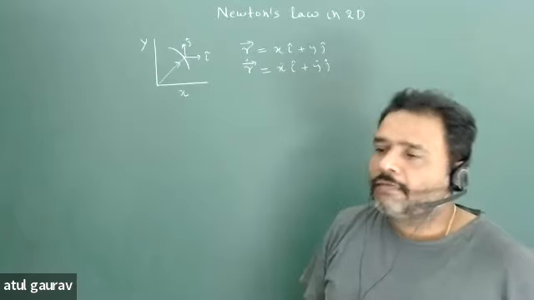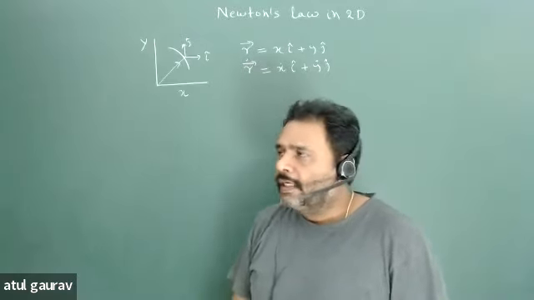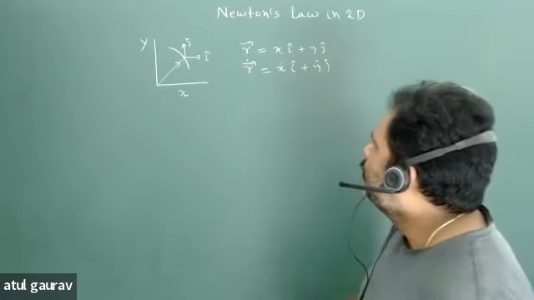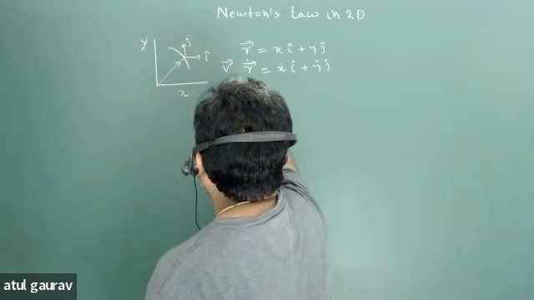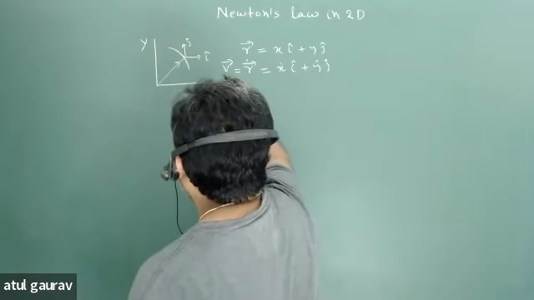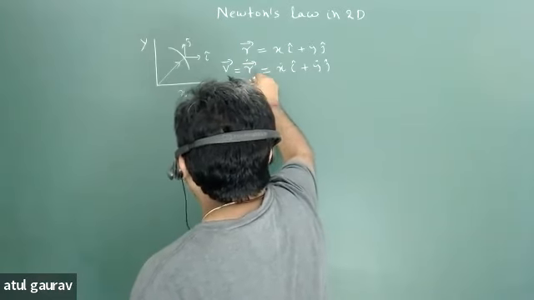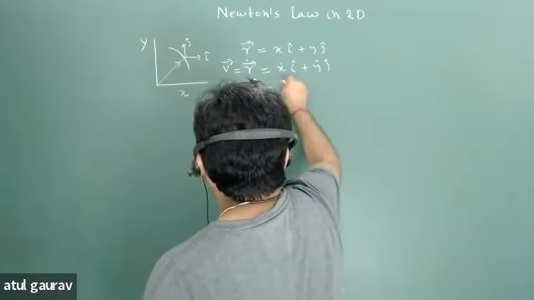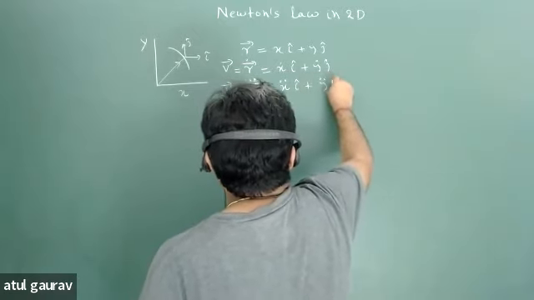So this is one of the very fundamental things you have to understand. And this is my velocity vector, and similarly we can write the acceleration, which will be the second derivative: x double dot i cap plus y double dot j cap.